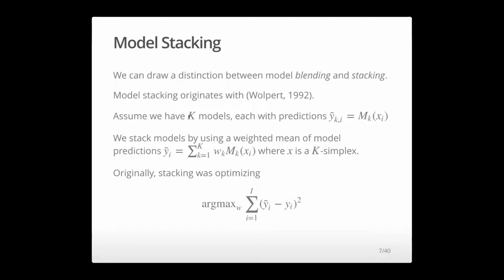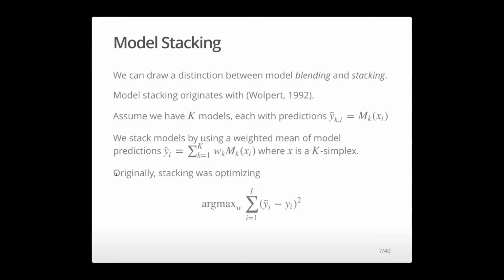And the basic idea is, let's assume that we've got K models and we've got a bunch of predictions from each model. And the form of the stacked result is going to be essentially just a weighted sum over the model predictions. And here we're just forcing the weights to be between 0 and 1, because you don't want weird pathological stuff where you've got negative weights or extremely large, over 100% weights.